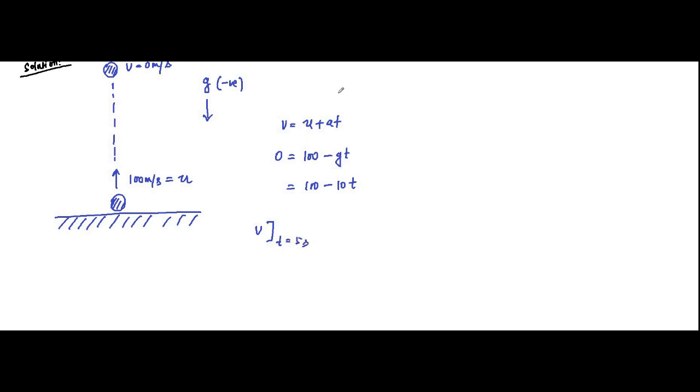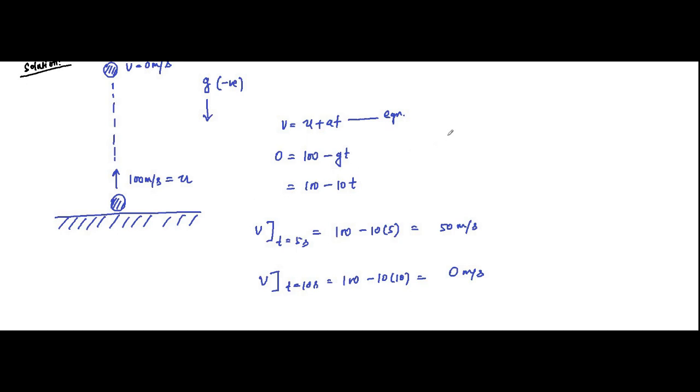From this equation, velocity at the end of 5 seconds is 100 minus 10 into 5, which is equal to 50 meters per second. Velocity at the end of t equals 10 seconds is 100 minus 10 into 10, which is equal to 0 meters per second.